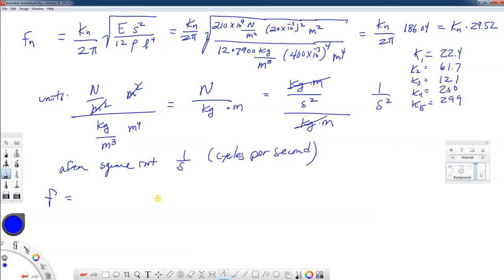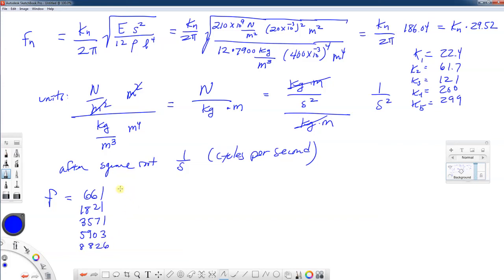I have that number 29.52 in my calculator. Multiply it by 22.4, and I've got 661. The next one is 1821. The next one is 3571. Next one is 5903, and the fifth one is 8826.